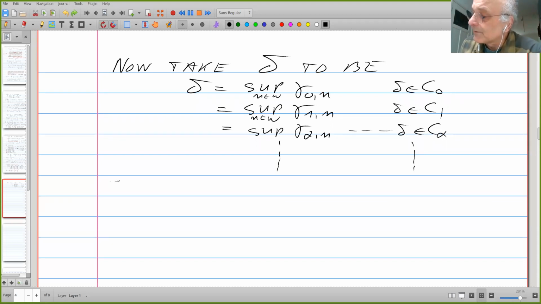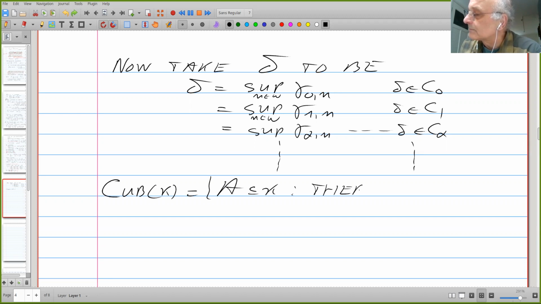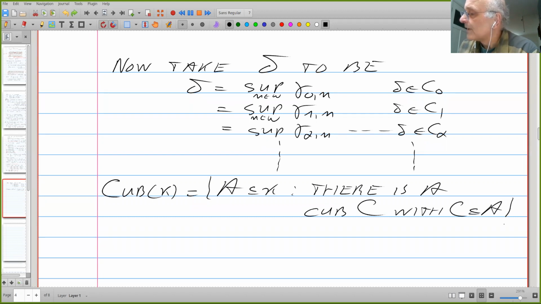And if we take all the sets that are bigger than closed unbounded sets, there may be very many closed sets that are not closed unbounded, but that contain a closed unbounded set.